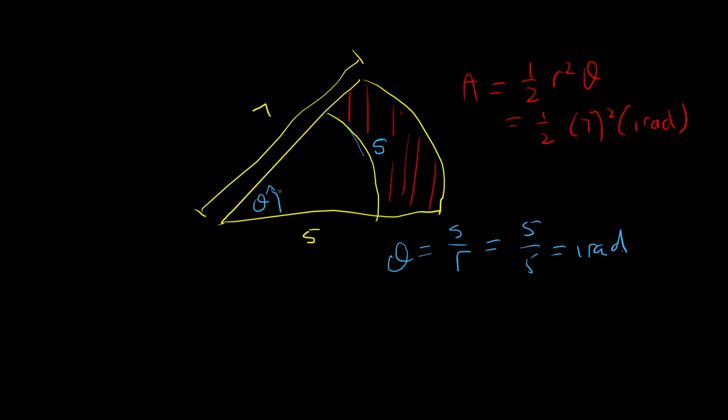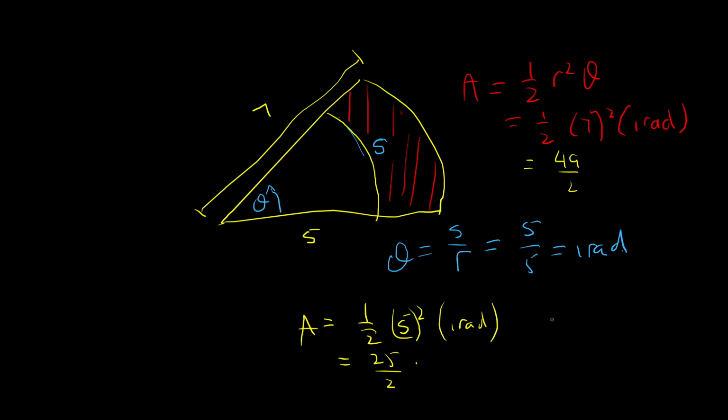And the area of the smaller sector would be half times 5 squared times 1 radian. So this would be 25 divided by 2, and this one would be 49 divided by 2. And if we subtract the small area from the big area, we'll get the area of the red area.